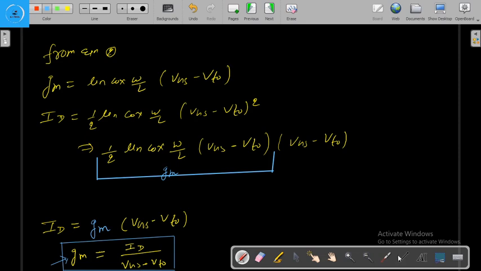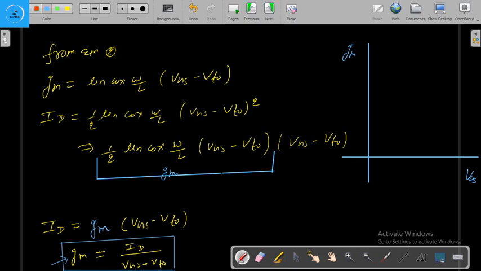Now we are going to draw the curve between gm and Vgs. This curve is like a hyperbola because it is inversely proportional to Vgs, right?